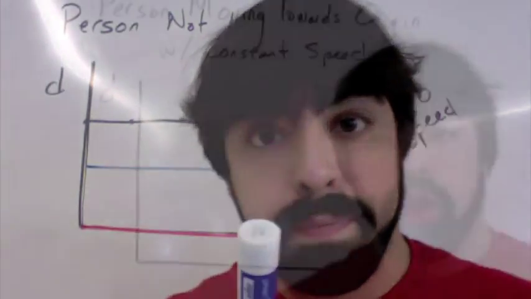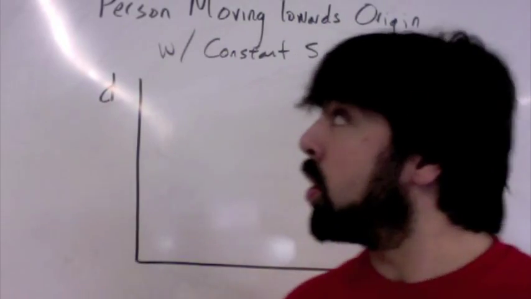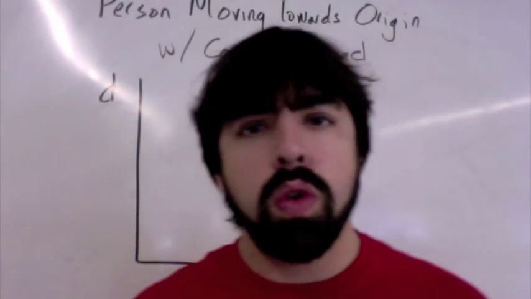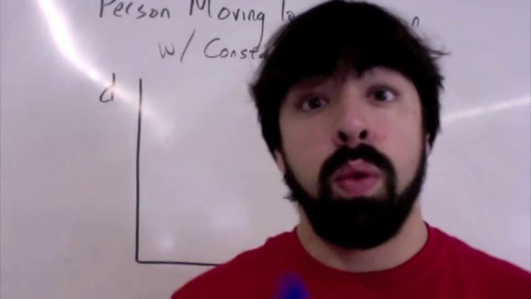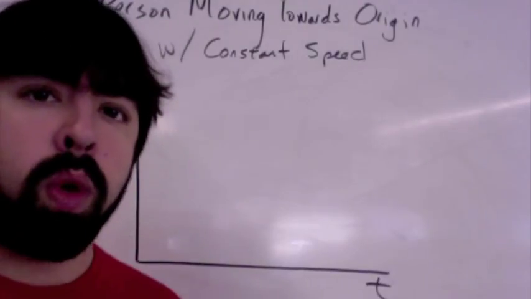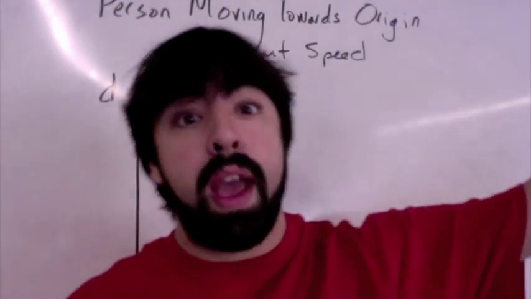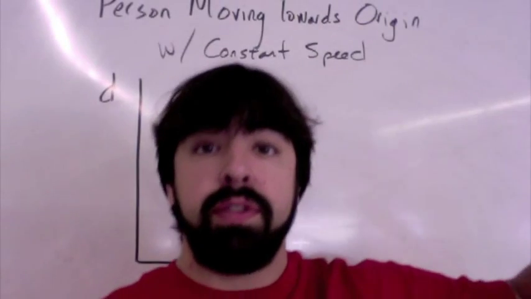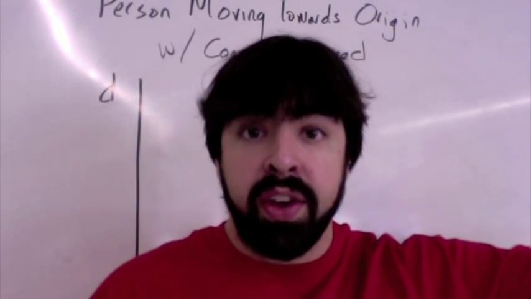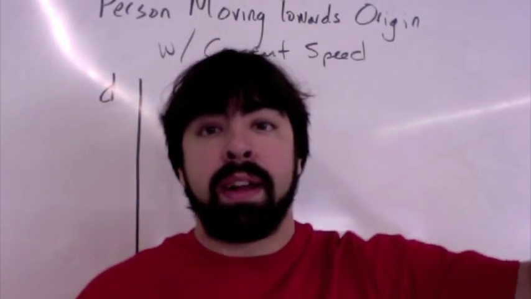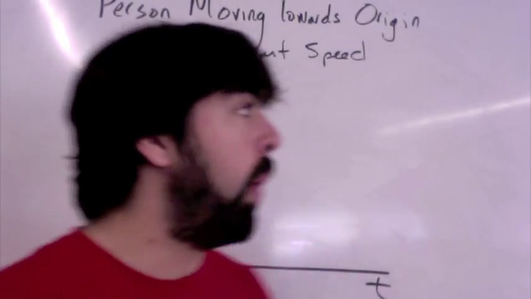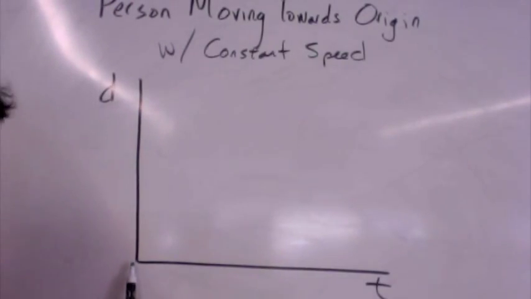One more example. So what would it look like if now a person was moving towards the origin with a constant speed? So I'm assuming that they are somewhere away, some position or distance far away from the origin, and they're going to make their way back to 0. Well, let's see. Everything always starts at time 0.